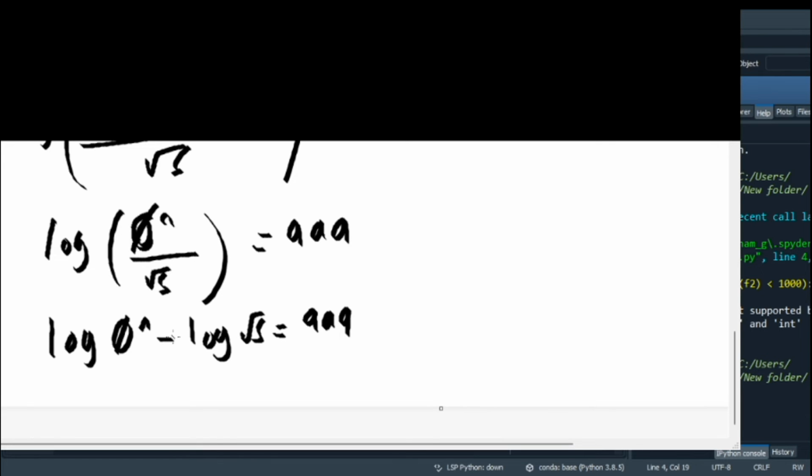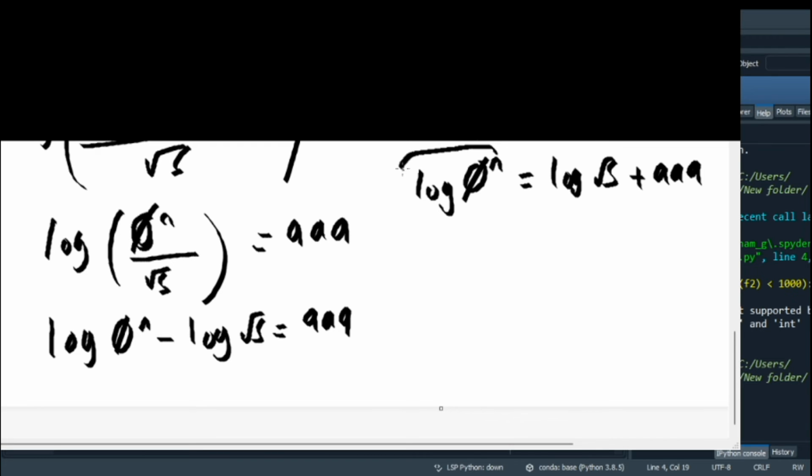So let's move log of the square root of 5 over to the right hand side. Log of phi to the n equals log of the square root of 5 plus 999. Now, using another law of logs, I can move this n over here, and it becomes a multiplier.